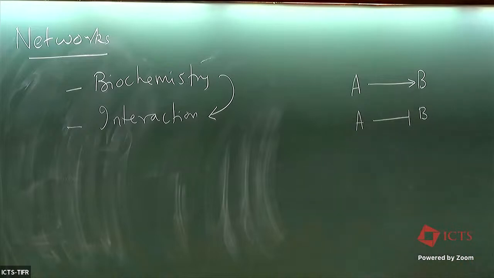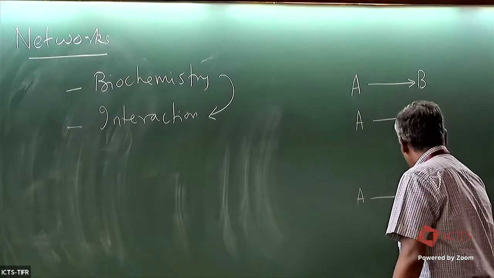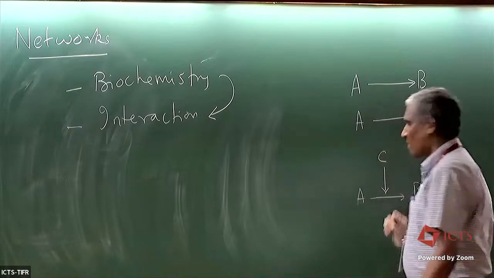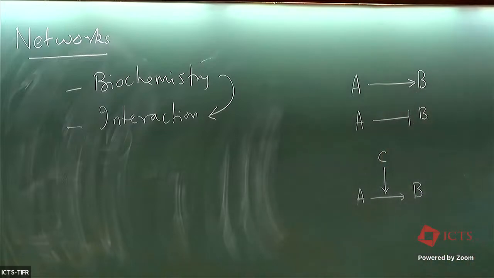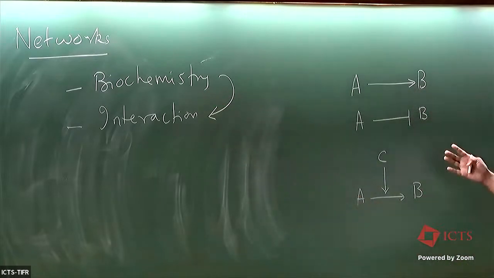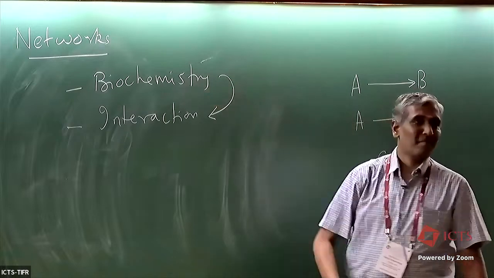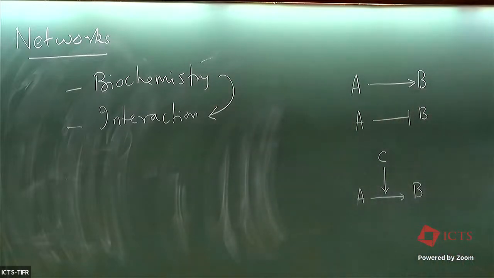You can also have a third entity which will play a role in regulating the interaction between A and B. Again, it could be a negative influence or a positive influence depending upon the nature of the entity, and that influence is decided by the biochemistry. So clearly you can see that defining the interactions is dictated by the biochemistry associated with it.